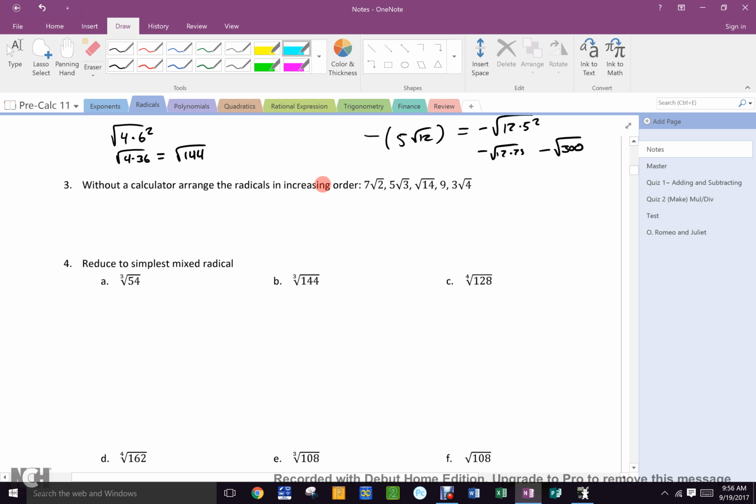All right. Without a calculator, put those in increasing order, which means littlest to biggest, right? It's really hard to do without a calculator unless you do what?